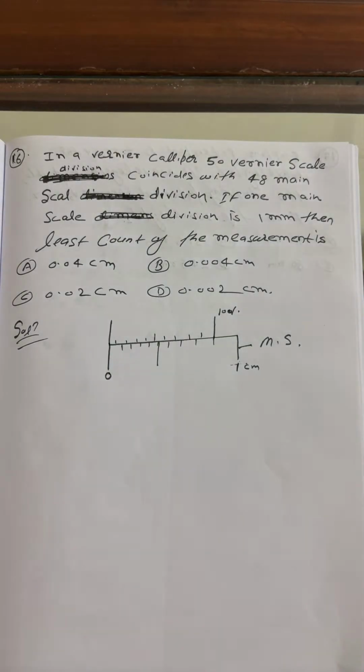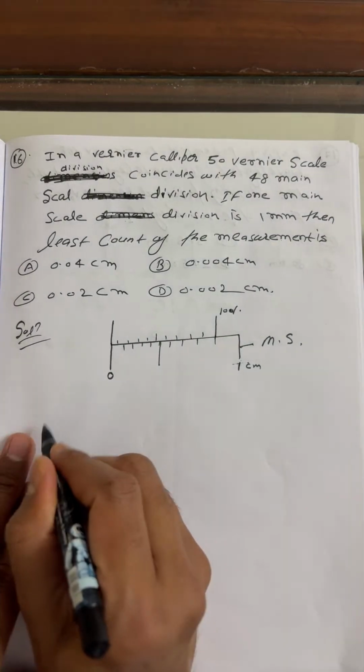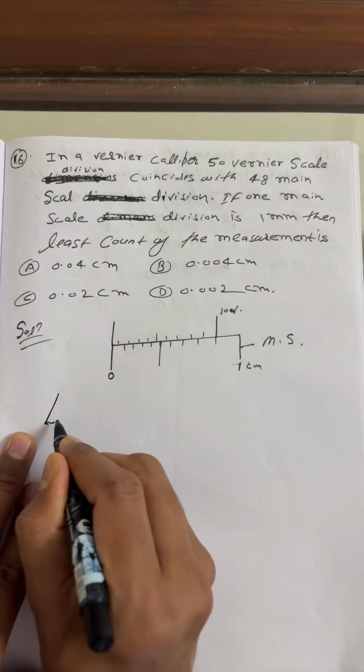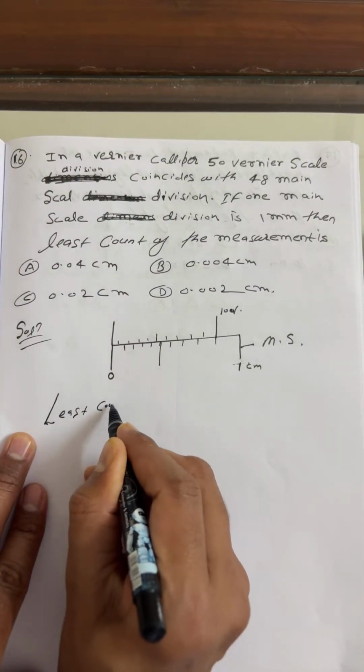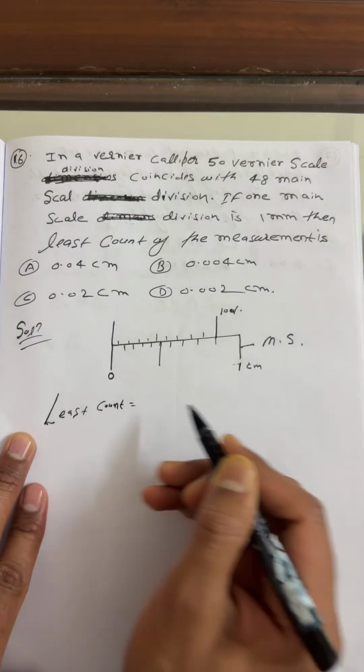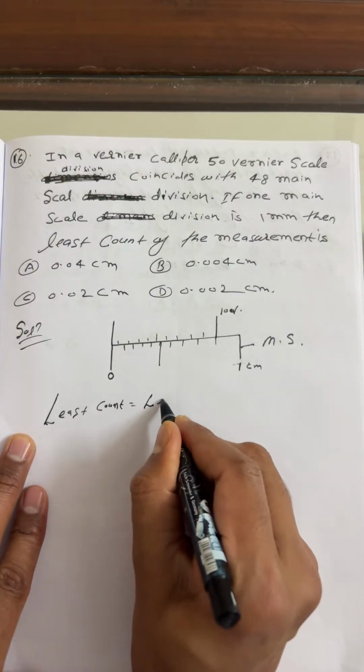So what is the least count formula, beta? What is the formula of least count?